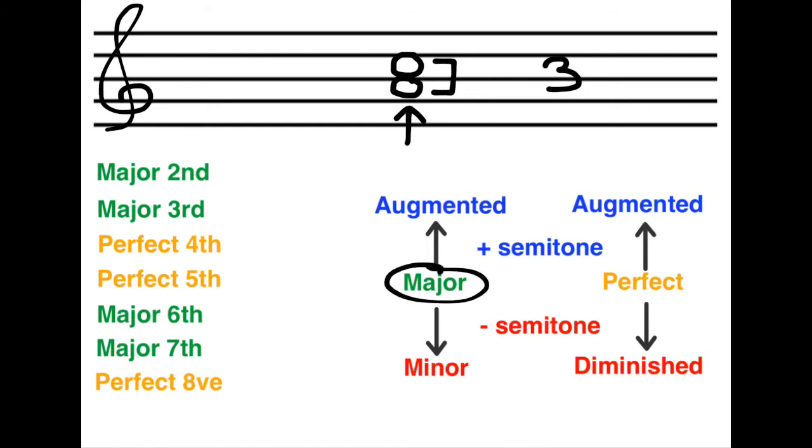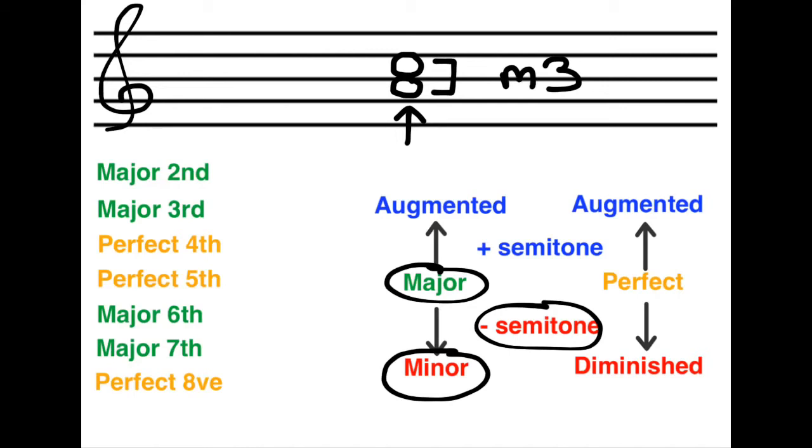So we've squashed that distance. We've made that distance less. We've taken away from that interval. So we've made that interval smaller by a semitone. And when you make a major interval smaller by a semitone, you've made it minor. Okay, so lowercase for minor, minor third.